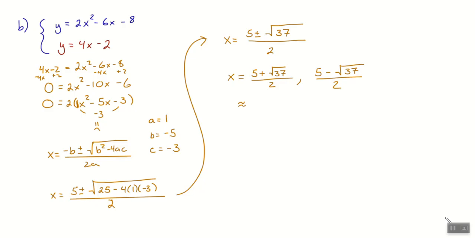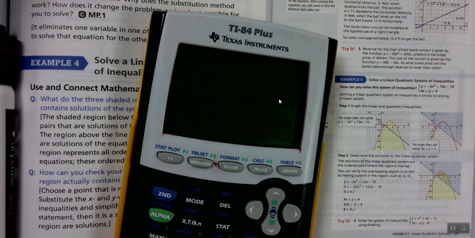5 plus the square root of 37. Lost my spot. I should probably hit the right button. 5 plus the square root of 37. And we're dividing it by 2. Can somebody confirm approximately 5.54? Okay. And then just a pro tip, if anybody is using these calculators, and holy cow, it's super dark on my screen.